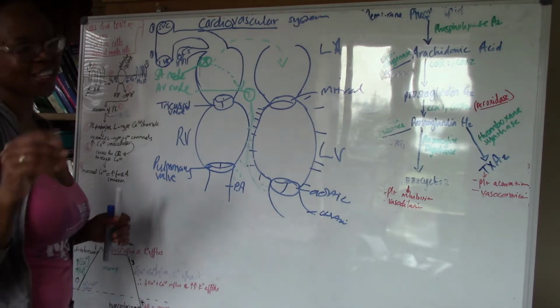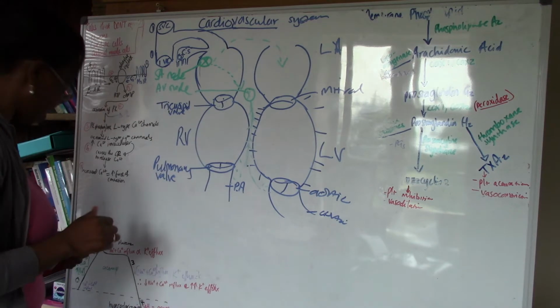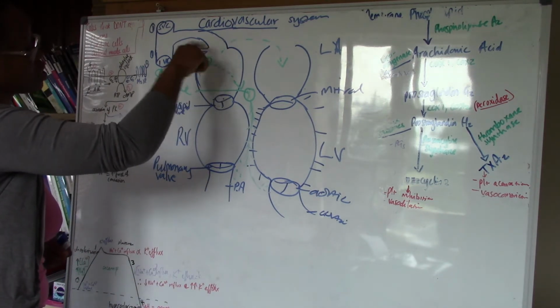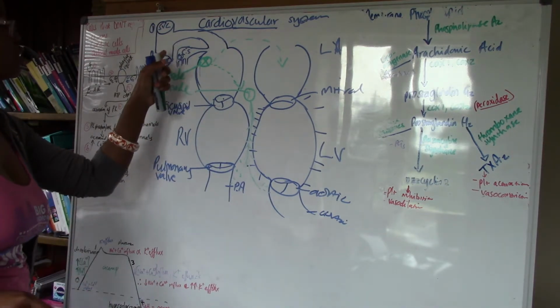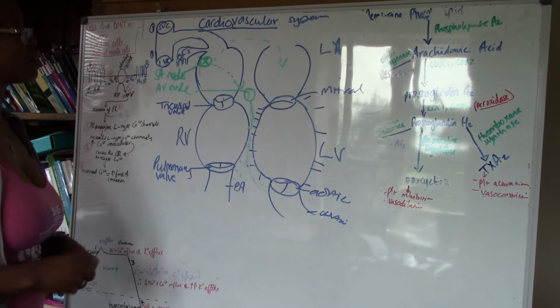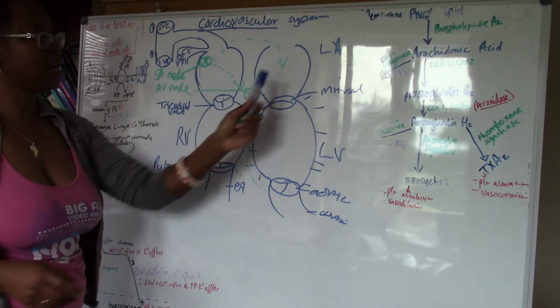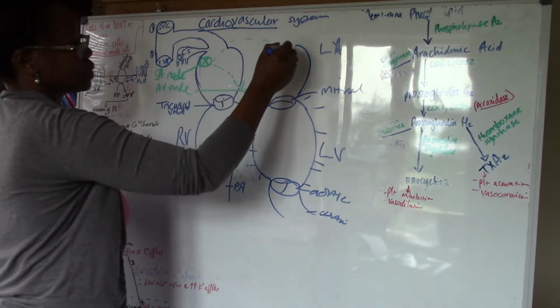So don't quote me on this. I'll have to look this up. I've just realized a gap in my knowledge. One of the veins actually drains directly into the right atrium without joining the coronary sinus. And then on the left hand side we have the pulmonary veins.